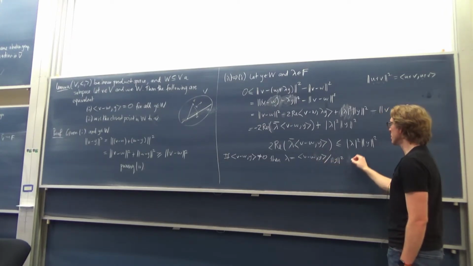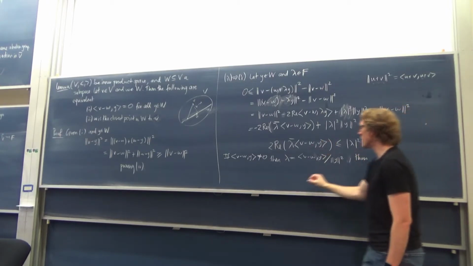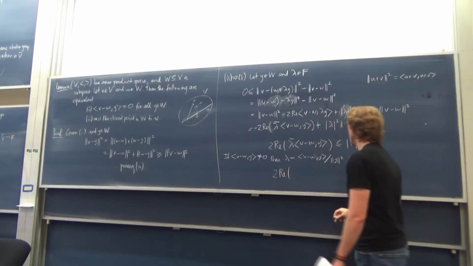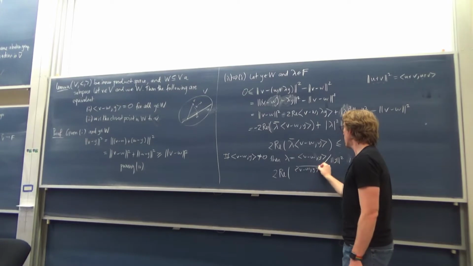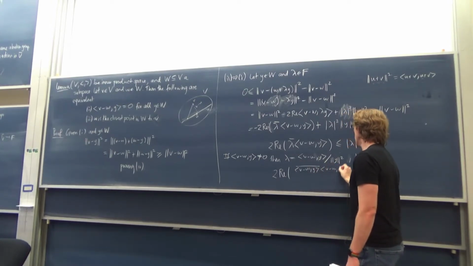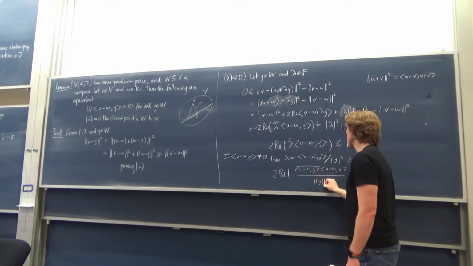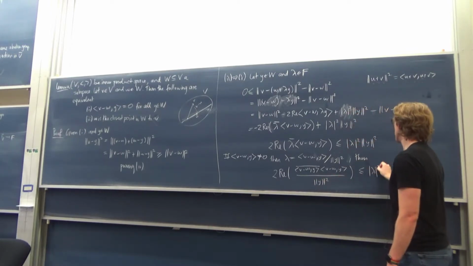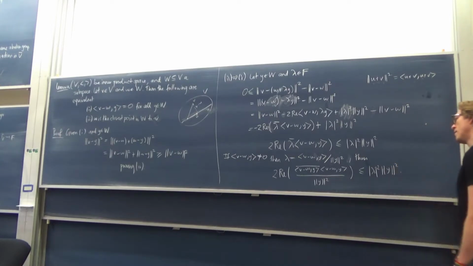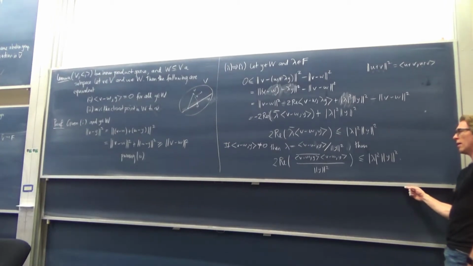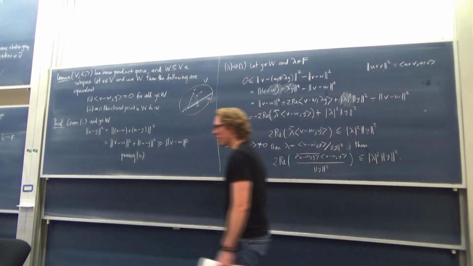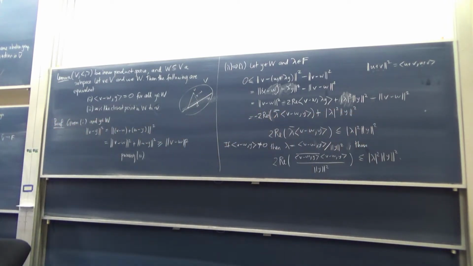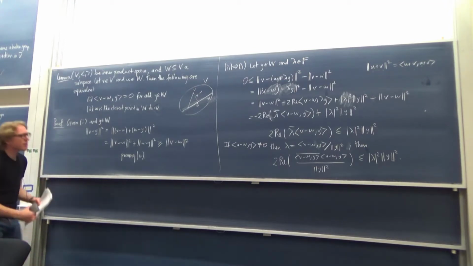So I can take lambda to be this, and then this inequality says twice the real part of lambda bar, which is v minus wy bar, times v minus wy, all divided by y squared, is less than or equal to this. Yeah, I did it the wrong way, didn't I? I want to rewrite everything in terms of lambdas. That's what makes the contradiction apparent. Okay, so let's just fix that up.